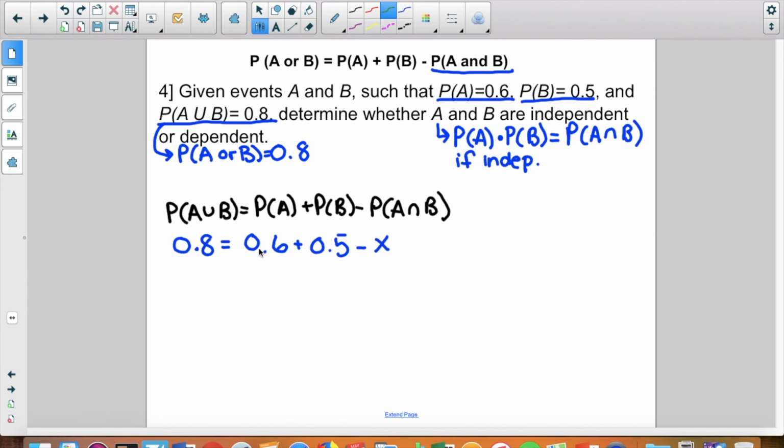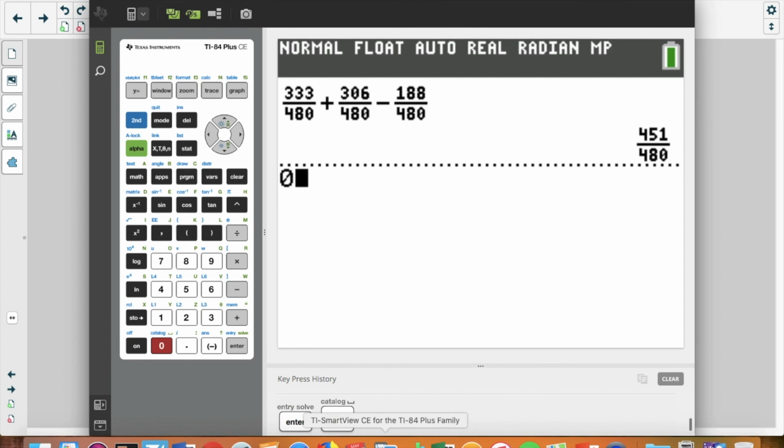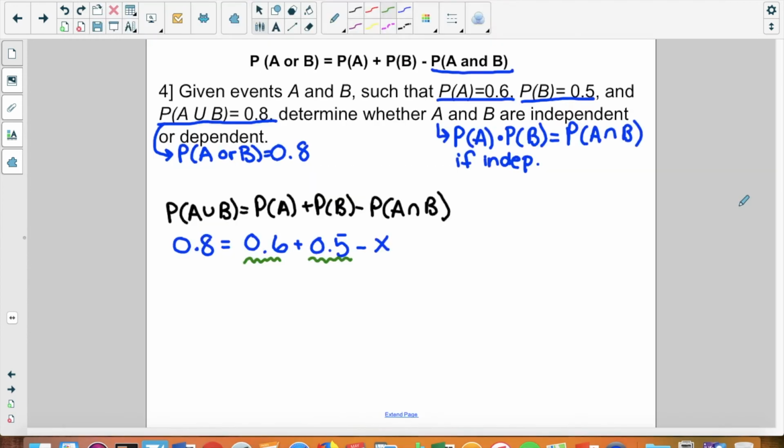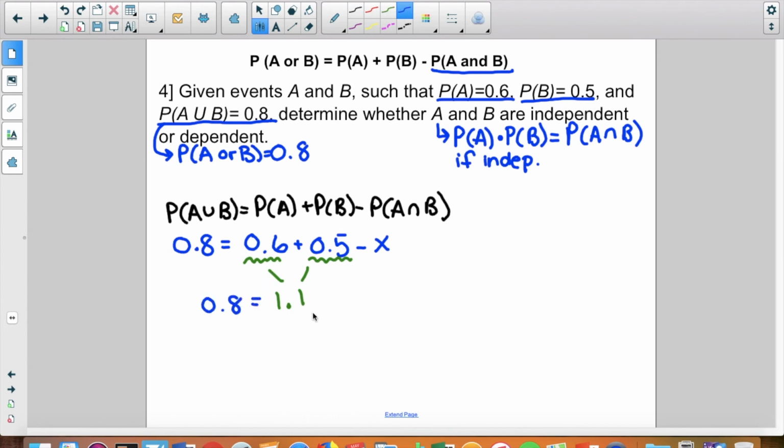First thing we should do is combine like terms. So we have 0.6 plus 0.5. You can use your calculators for this if you're uncomfortable with adding decimals. That is equal to 1.1. So when we combine these, we get 1.1, and I'm going to bring everything else down, is equal to 0.8 minus x.